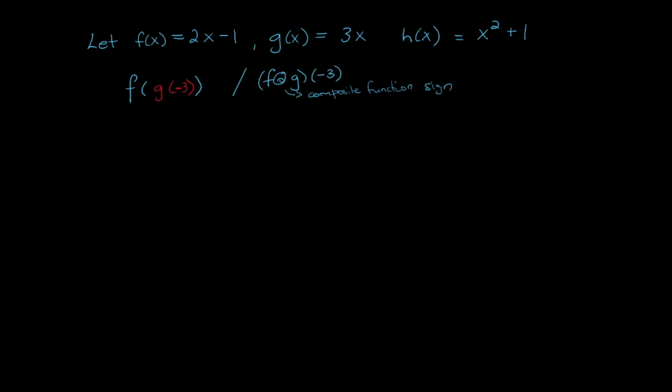What this is saying is: what value do we get when we plug the value negative 3 into the function g, and then plug that result into the function f, which should give us an answer for f of g of negative 3.